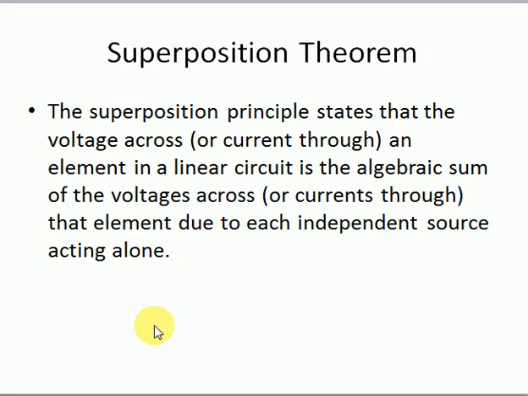The first one we got with input 1, and then the current with input 2. Then we see that the sum of these currents is equal to the current we found with both sources in the circuit. So basically this is the superposition theorem.